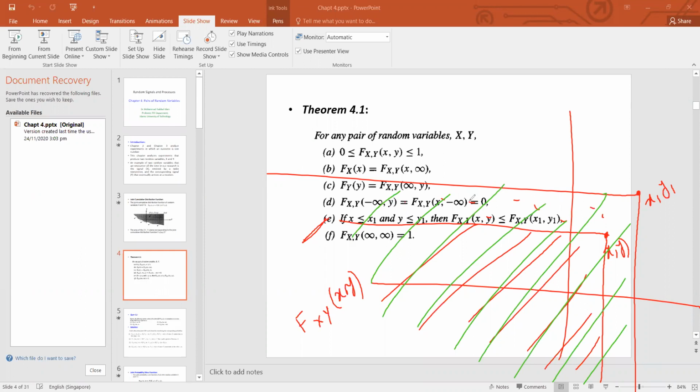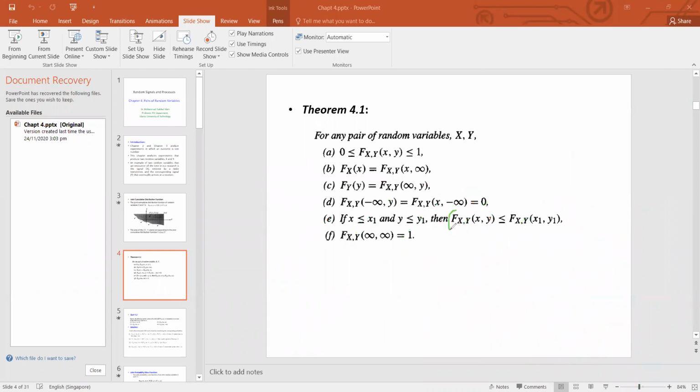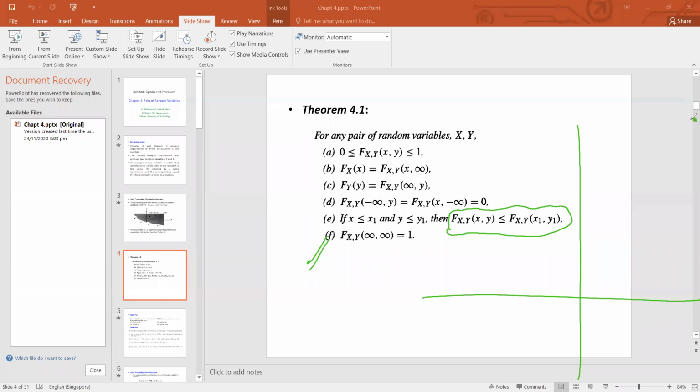So if that happens, this is the criteria: F(x, y) is less than F(x1, y1). Clear? Yes, sir. And this F(x, y), if both x and y go to infinity, that means at the extreme upper right point, this covers all the probability.